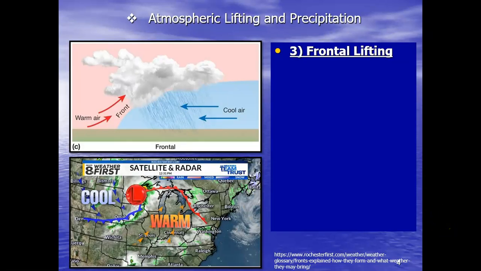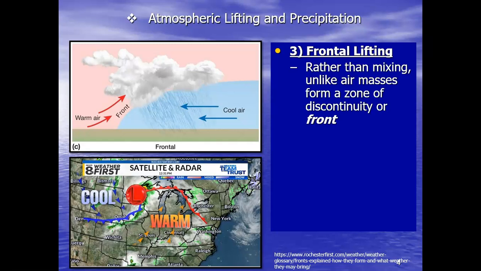That's orographic lifting. What about frontal lifting? We see this quite a bit also in the United States. When you have unlike air masses, they are not going to mix. They're going to form a zone of discontinuity that we refer to as fronts. And you may have heard this quite a bit when you watch the weather. Cold fronts, warm fronts. What does this mean?